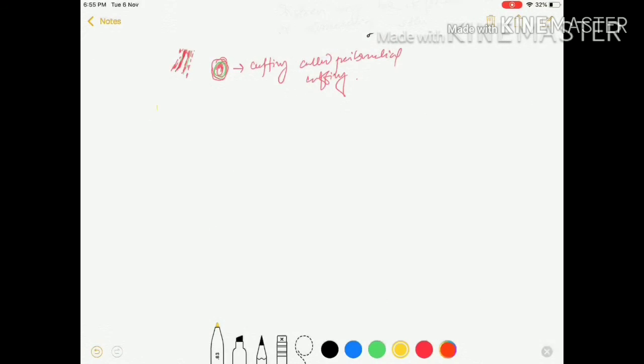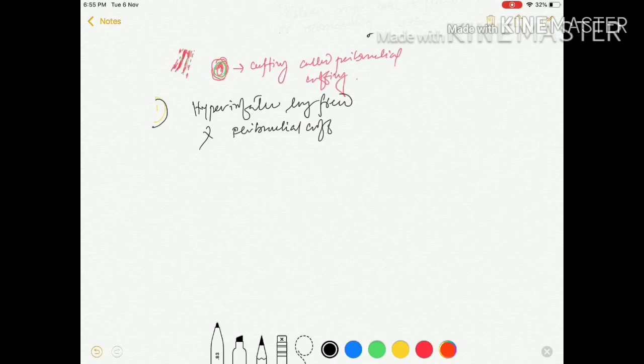So in the chest x-ray you will get a hyperinflated lung field and peribronchial cuffing.